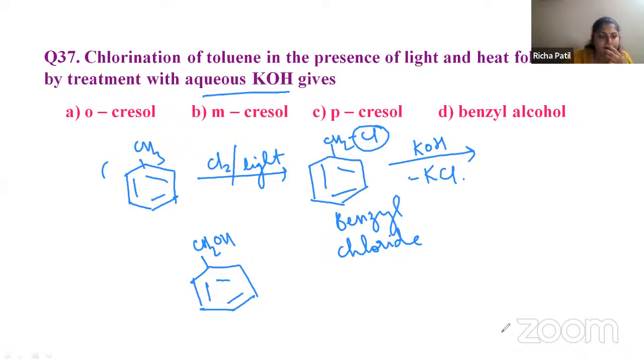Yes, correct. Most of them have answered. It is D, the fourth one, benzyl alcohol. So it is benzyl alcohol, correct.